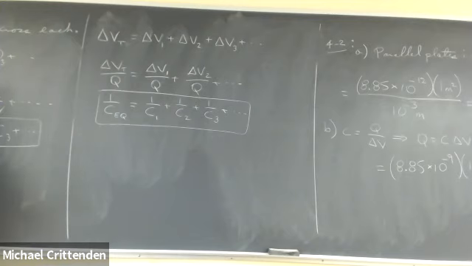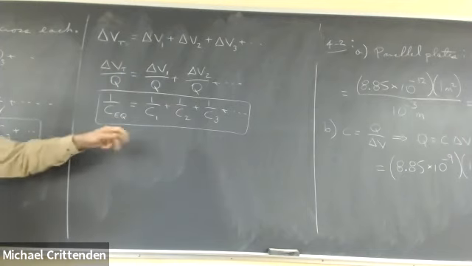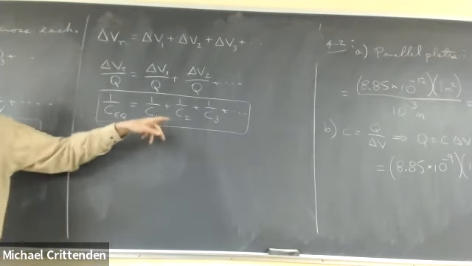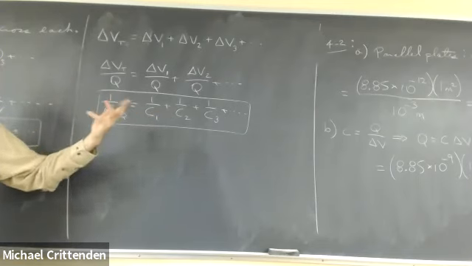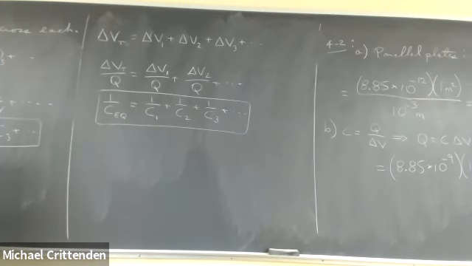So if you had 2 5 microfarad capacitors and you put them in series, 1 over 5 plus 1 over 5 would be 2 over 5. You flip that upside down, 5 halves. The pair of 5s would be equivalent to 2.5 if you put them in series. If you want 10, you have to put them in parallel.